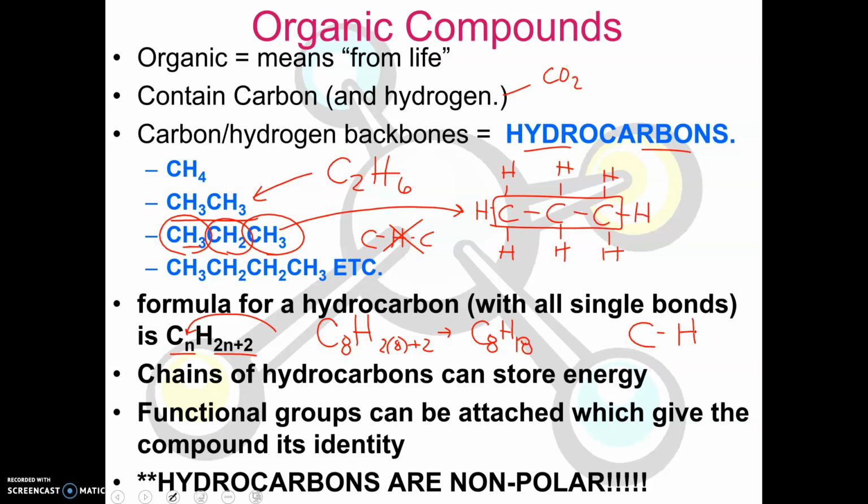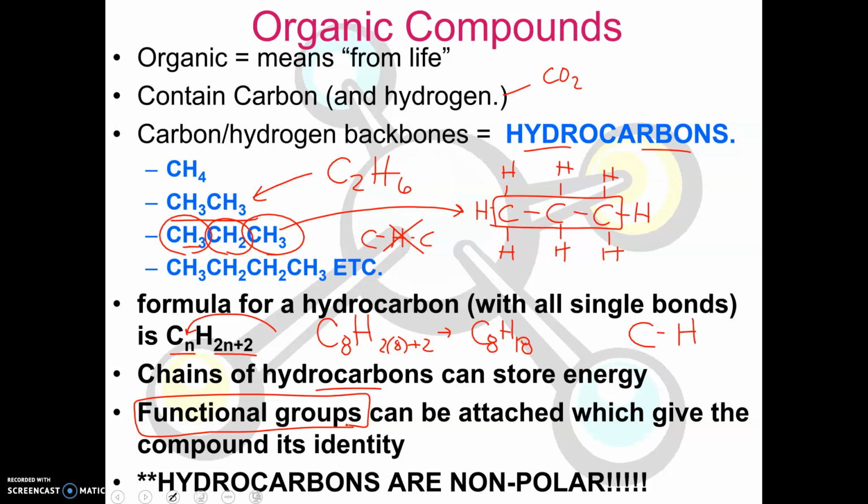But we are going to be talking about sugars and proteins and nucleic acids, and those things are not just hydrocarbons. What makes them unique is some of the hydrogens get replaced by these special things called functional groups. And these functional groups will be specific to different compounds. For example, amino acids always have an amino group, which is one of the functional groups.